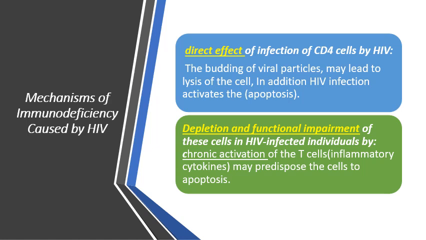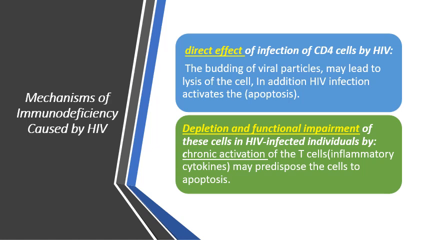While in the indirect damage mechanism, chronic activation of T cells may predispose the cell to apoptosis, because HIV-specific cytotoxic cells are present in many patients with AIDS, and these cells can kill infected CD4 T cells.